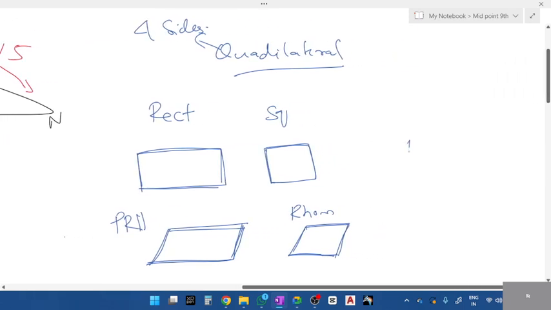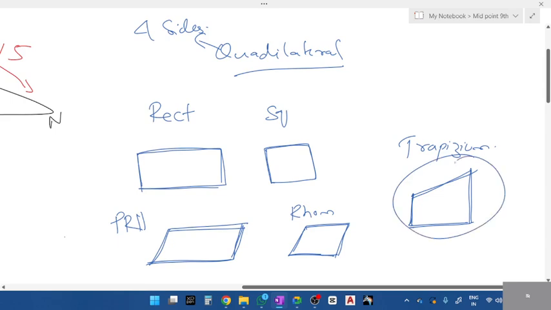The other group we call trapezium. Trapezium will have four sides. None of the sides will be equal, students. One will be like this, one more will be tall, one will be slanting. Do you think opposite sides are equal? No. Can you see trapezium is totally different from the other four quadrilaterals?